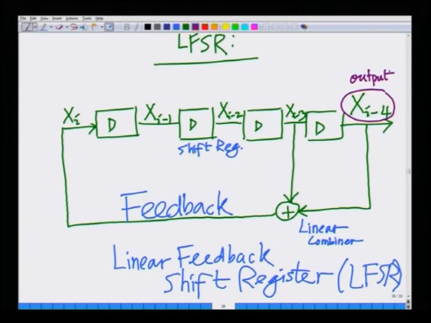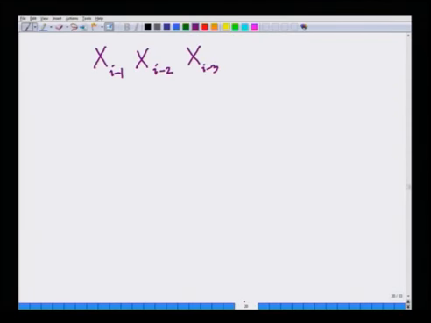That is, not only am I feeding back xi minus 4 plus xi minus 3, I am also tapping xi minus 4 as the output. So I have xi minus 1, xi minus 2, xi minus 3, xi minus 4.